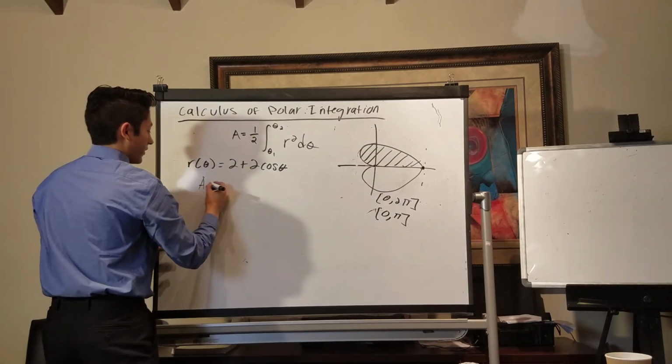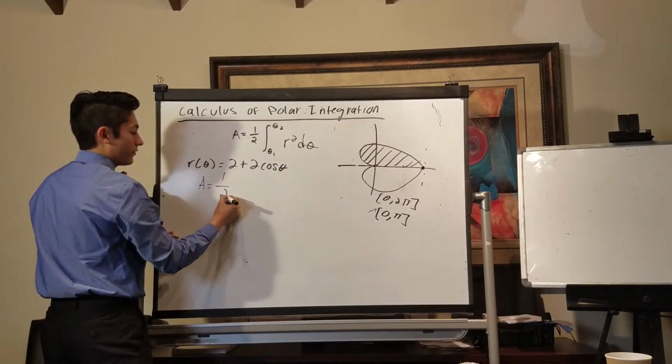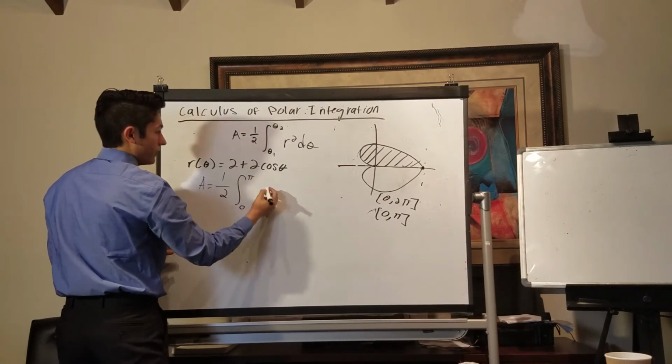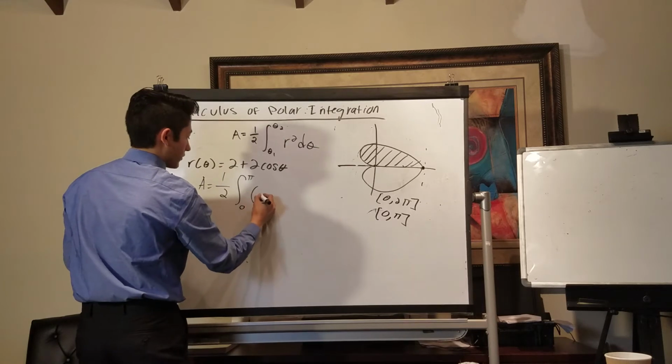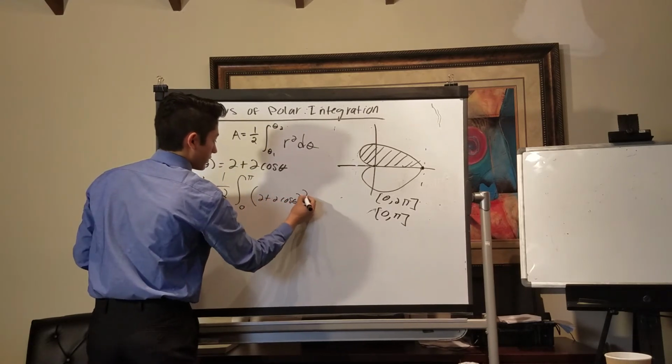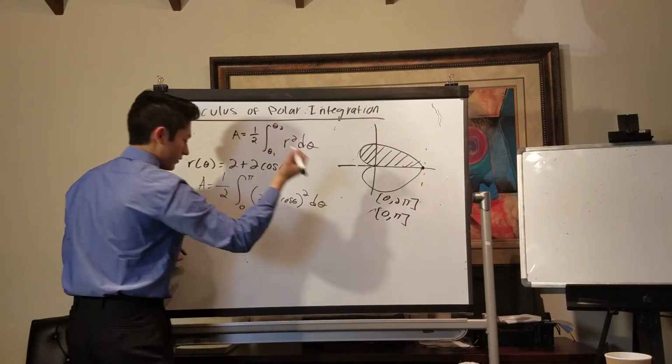So we're going to say the area is equal to 1/2 integral from 0 to pi of r, so quantity 2 plus 2 cosine theta, quantity squared d theta.